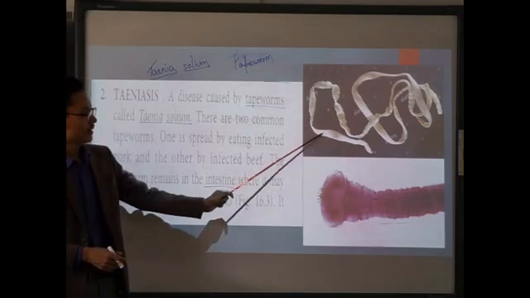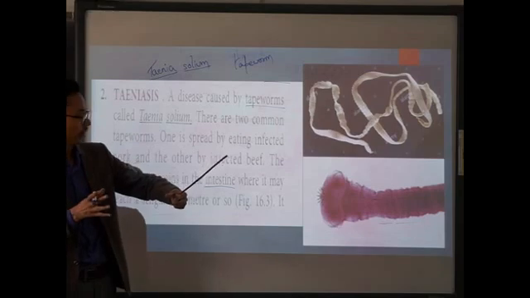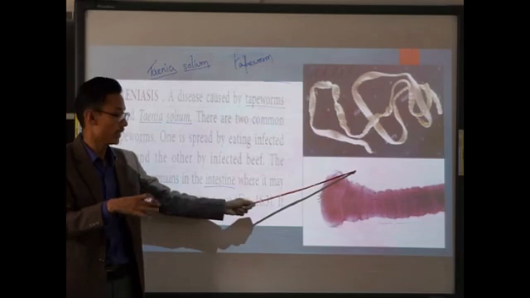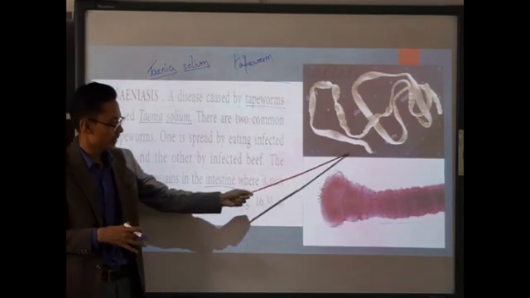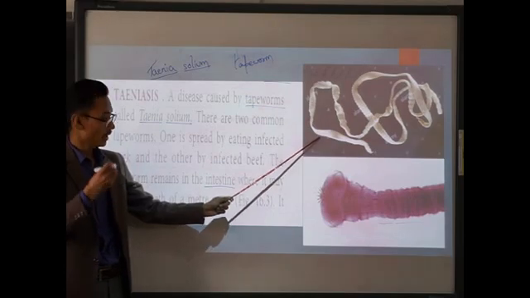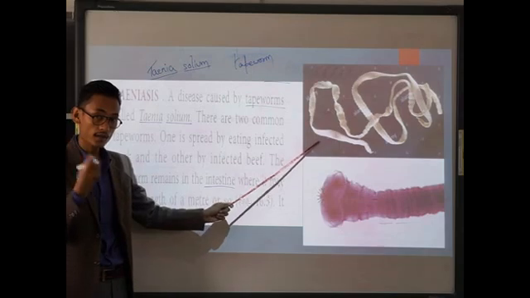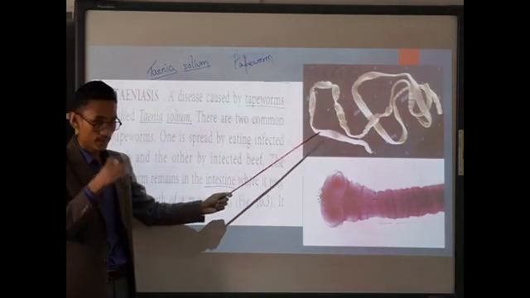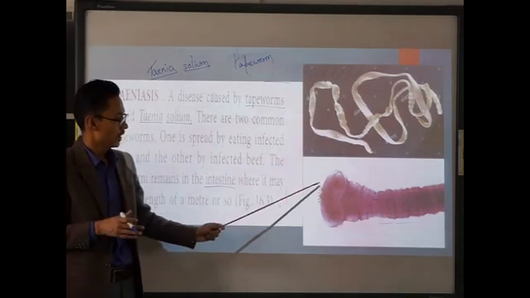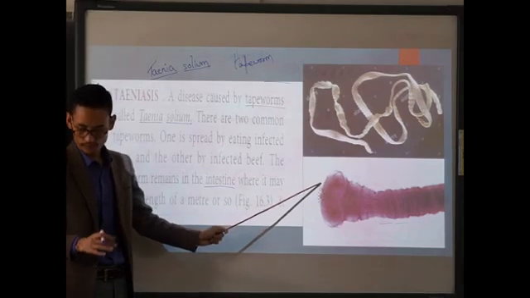This is an enlarged microscopic view of the tapeworm. This is mainly the head region, which we'll discuss afterwards. This is the general diagram of the tapeworm Taenia solium, which causes taeniasis and infects our intestine, reaching a length of up to 1 meter.